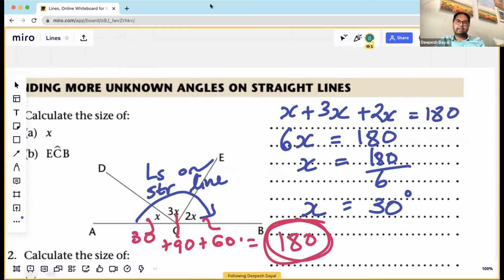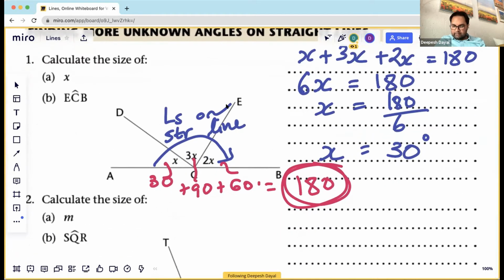Anybody else have something different? Nope, nothing. Okay, cool. Yay, so it means you are getting it.